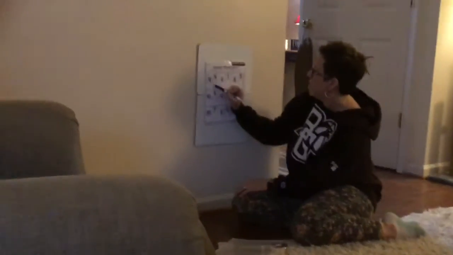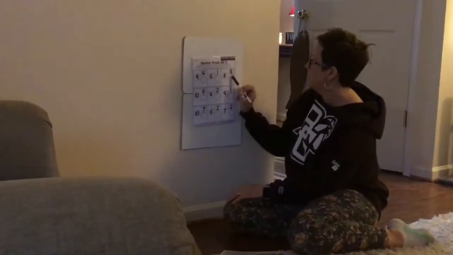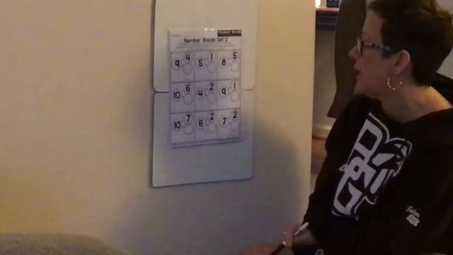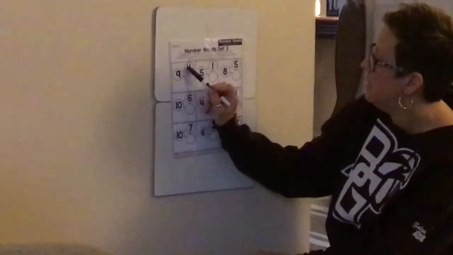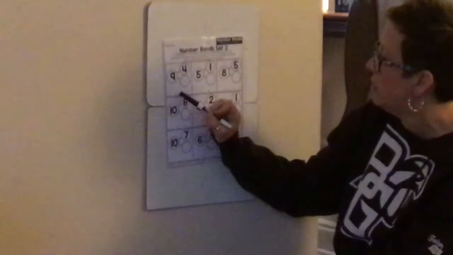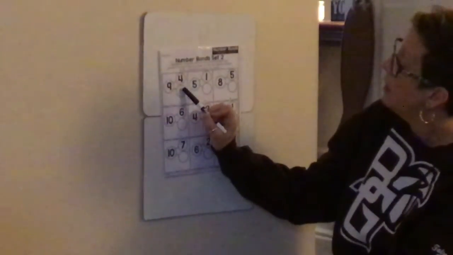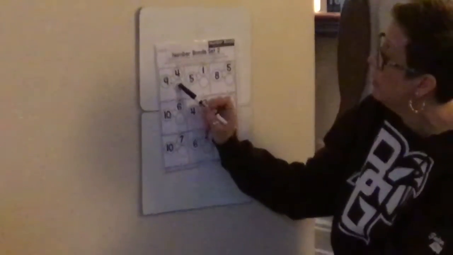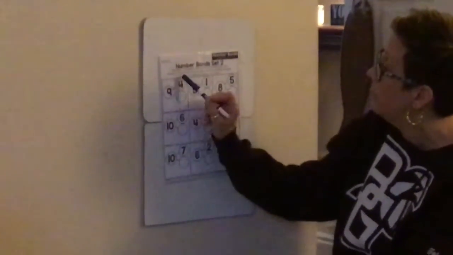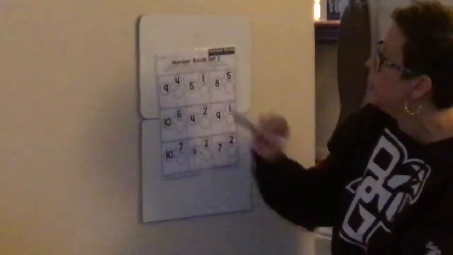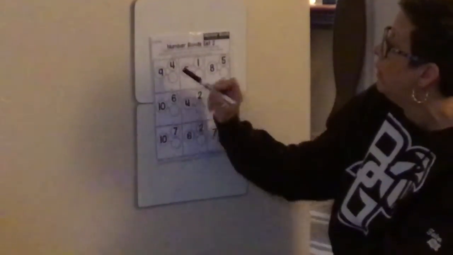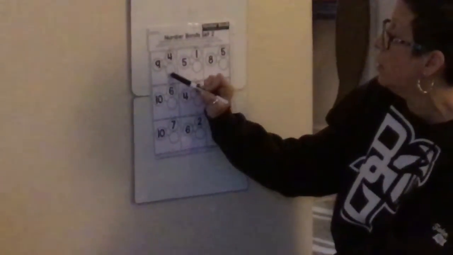I want to find out our missing numbers. Let's do a few together. I have 9 and 4. And down here, I need to fill in a number sentence. And also, I want to fill it in here with the circle. So, it says, subtract the part from the whole. These two are the parts.